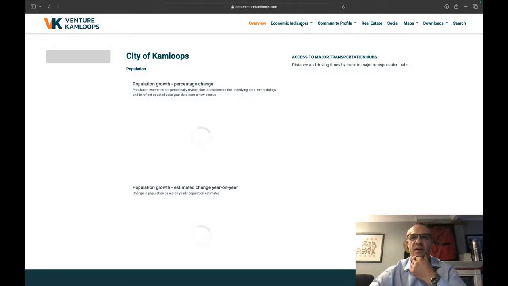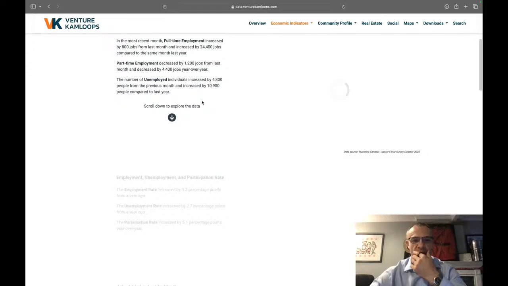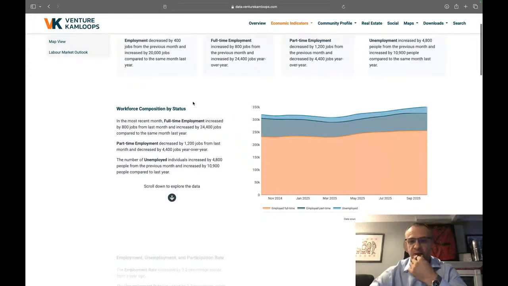and we check here, it's taking a minute. So we look at workforce, and it talks about some employment data here. So we gained 800 jobs, and we increased 24,000 jobs.